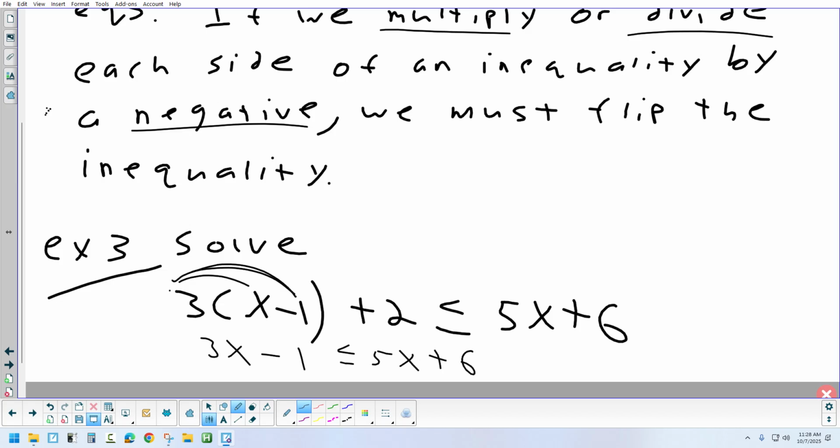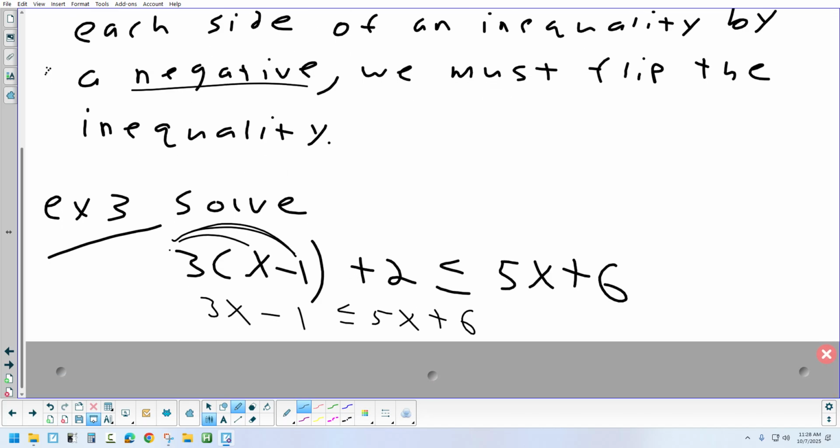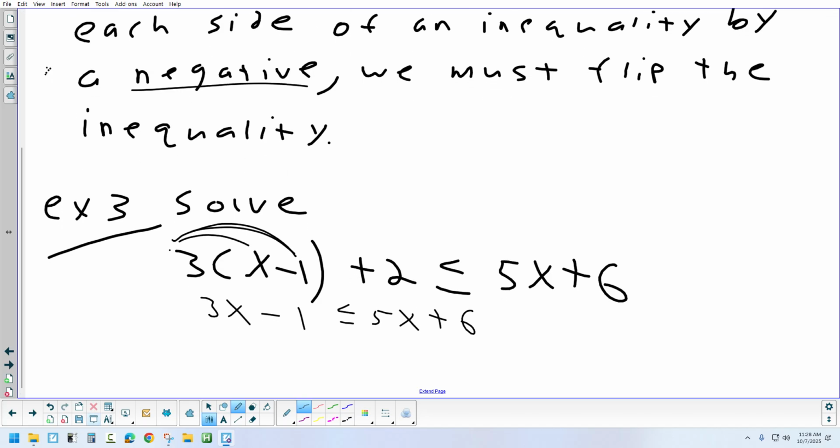Okay, what would be our next step? Nico, what would the next step be? Add 1 on each side. Okay, we could add 1 on each side. That's going to take care of that. And what else could we do at the same time?